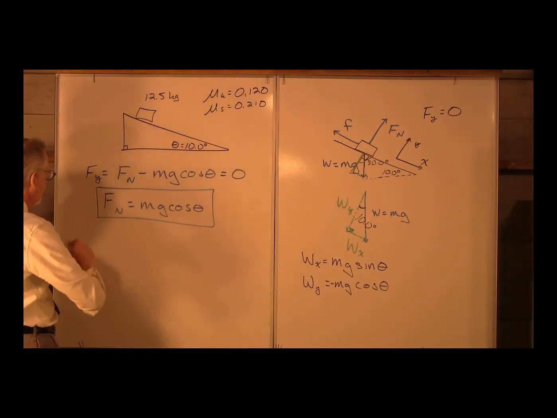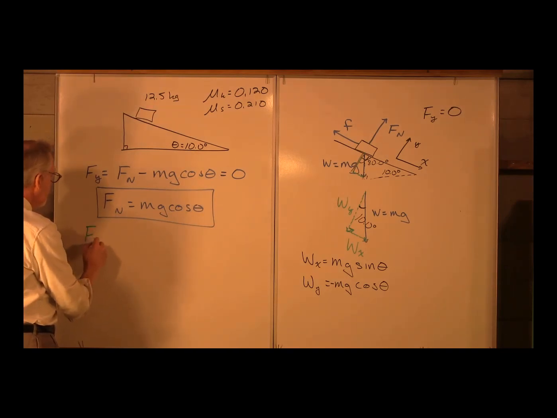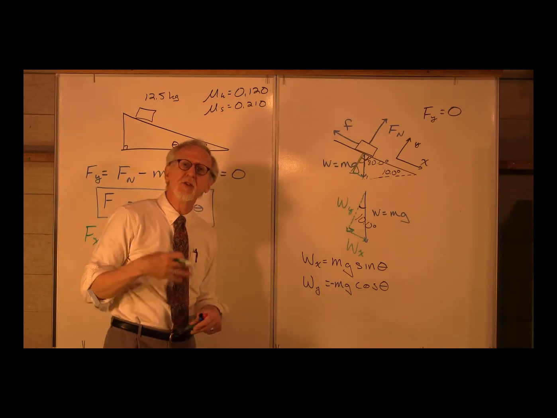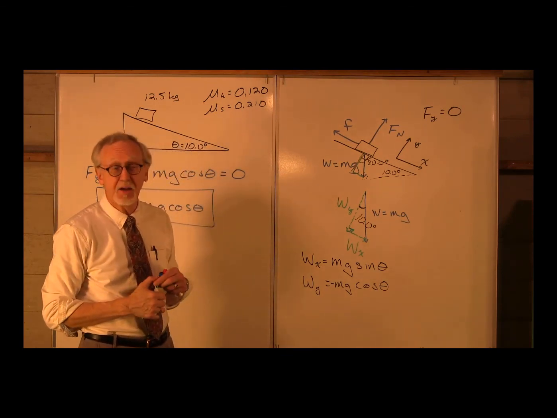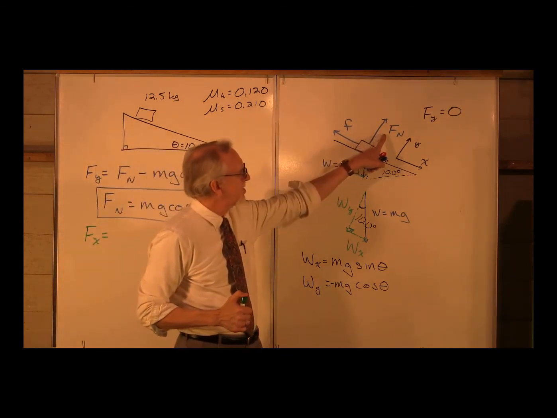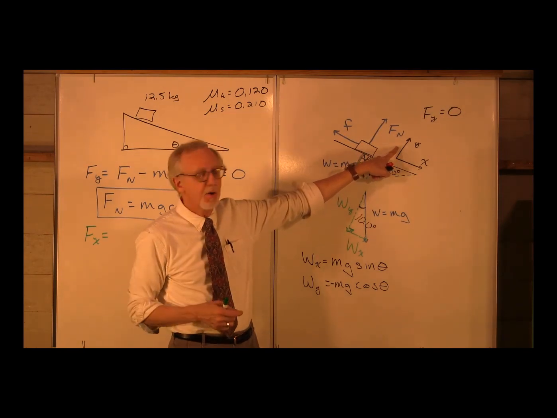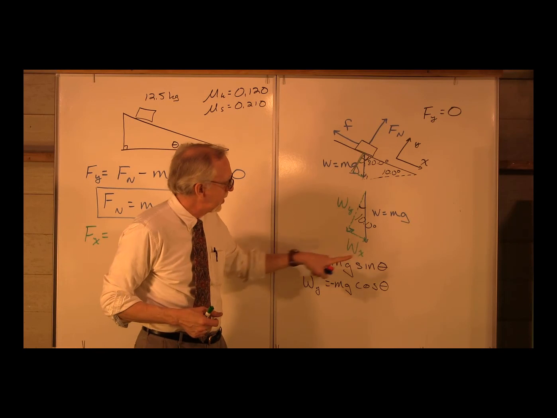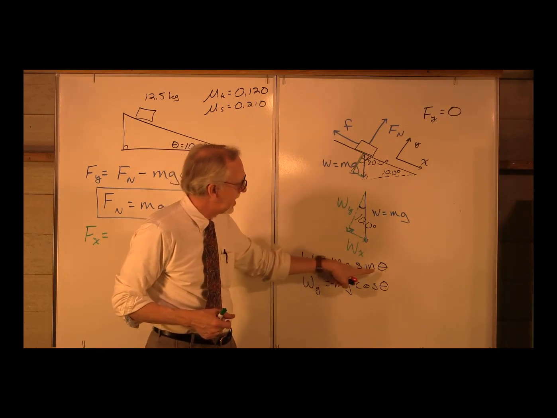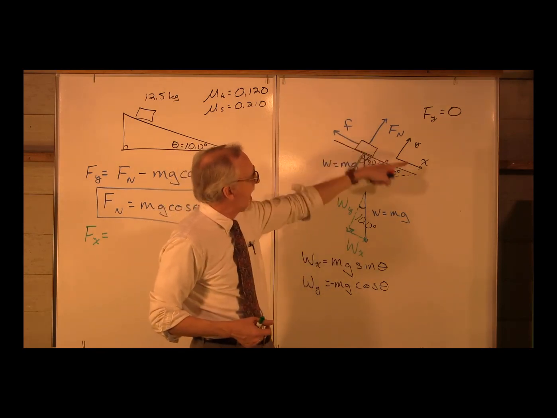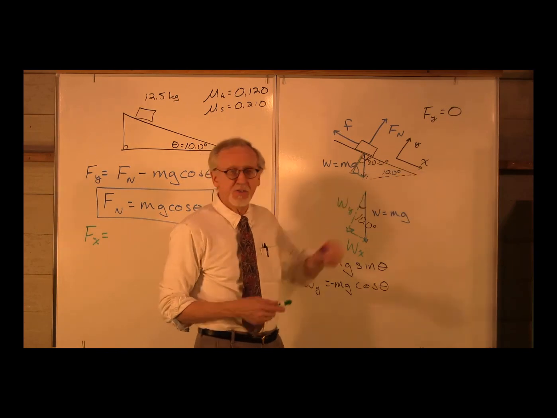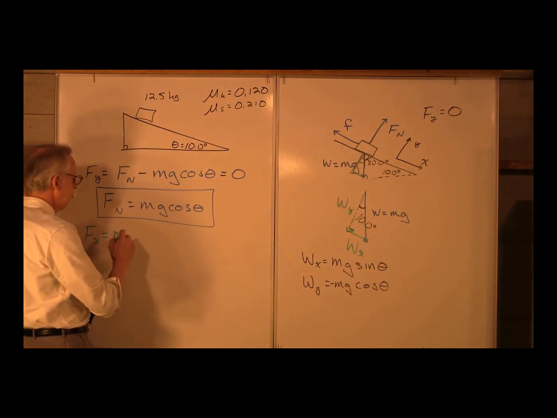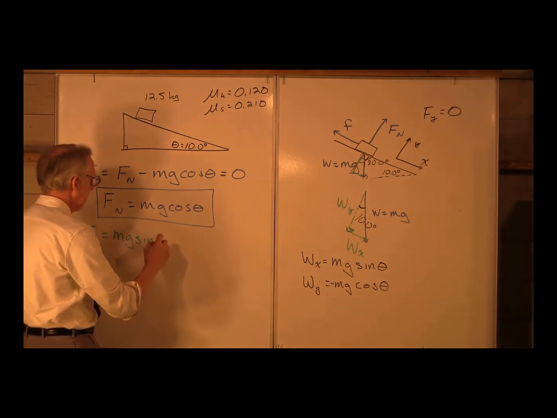We have the forces in the x direction are what? What forces are in the x direction or have a component in the x direction? Well, the normal force, that's in the y direction, has a 0 x component. What about the weight? Well, the x component of the weight, as we've already seen, is mg sine theta, and that is down the incline in the positive x direction. So we have an x component of mg sine theta.